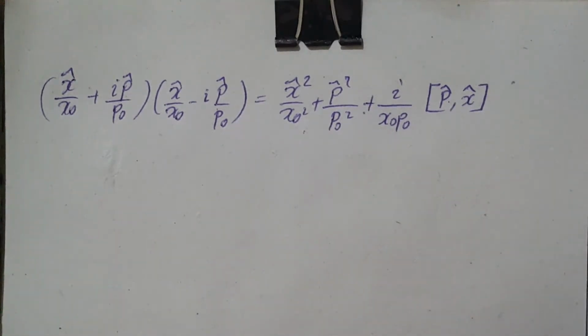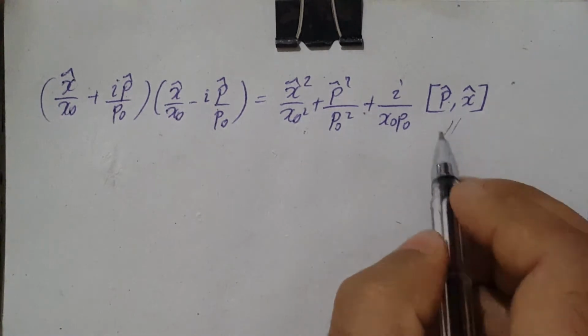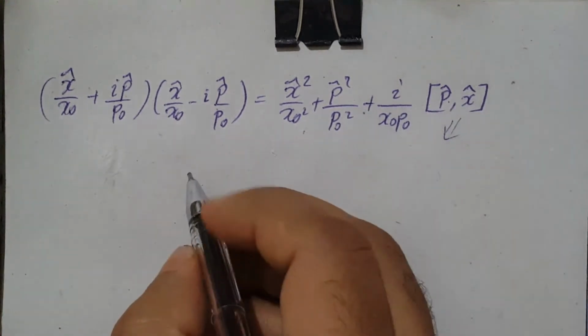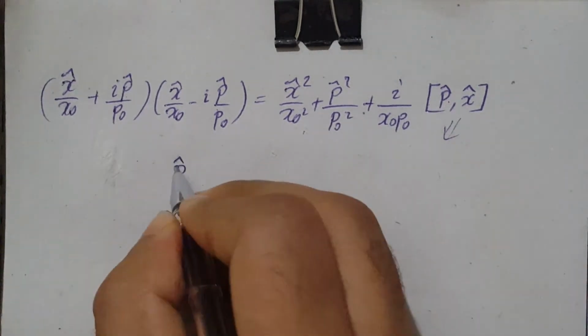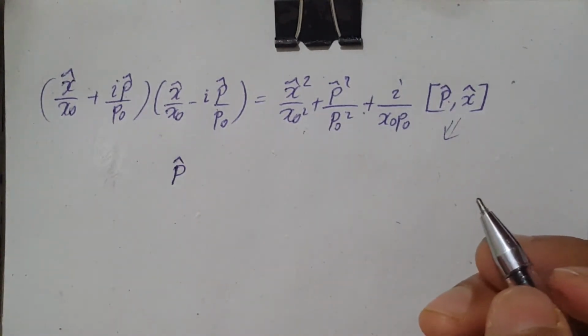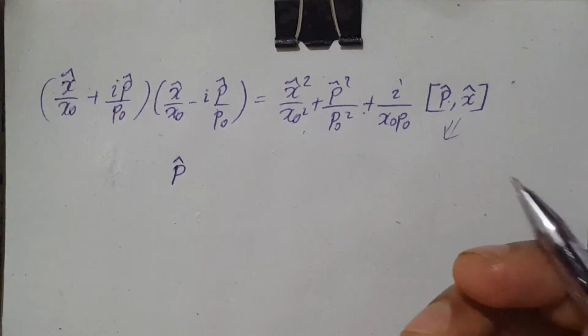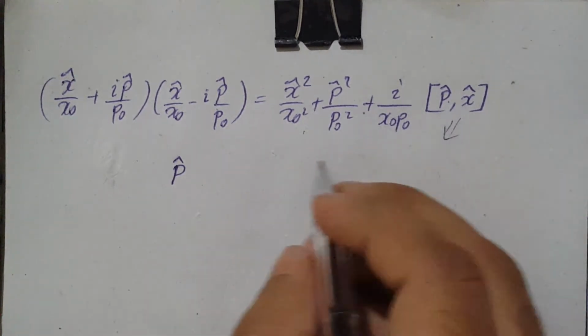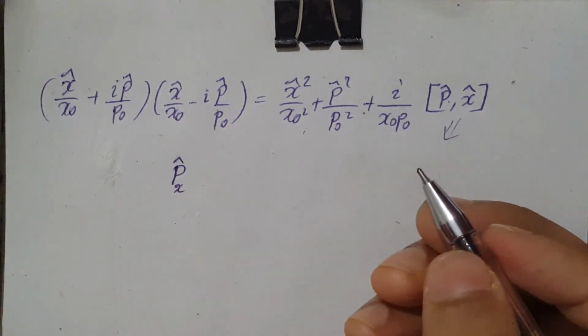Now let us try to find the commutator of p cap and x cap. Here we should have already written that all this p we are talking about is actually p x.